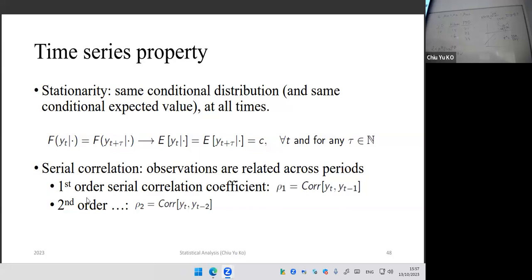The next idea is called serial correlation. Serial correlation is a basic idea in time series, and the basic measurement is the observation across today and yesterday. You look at the correlation, how they're related.